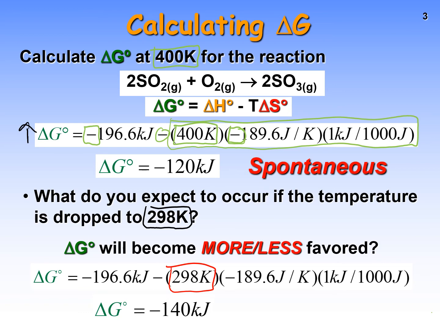And because we lowered temperature, delta G became more spontaneous. In other words, more favored.